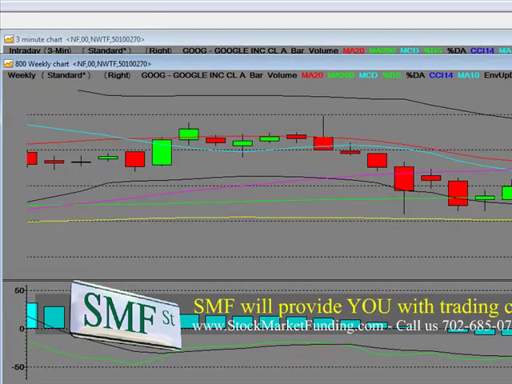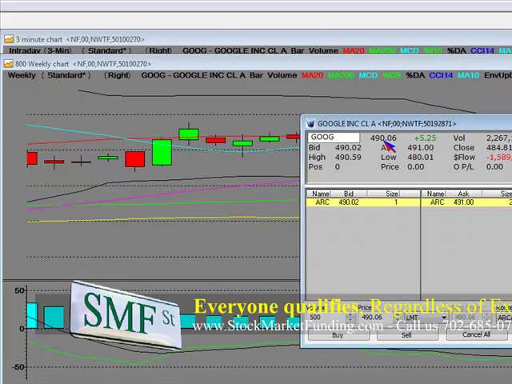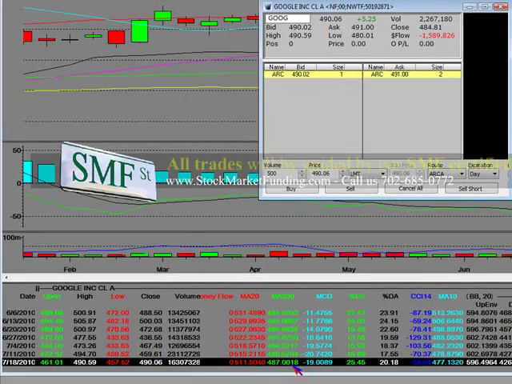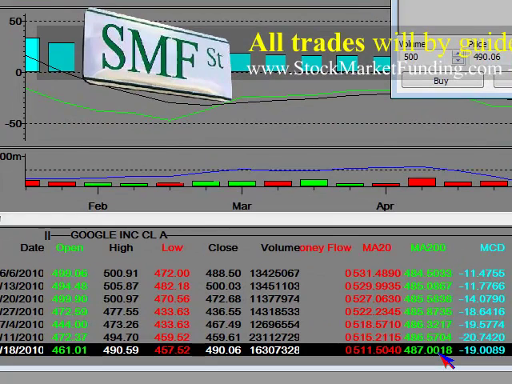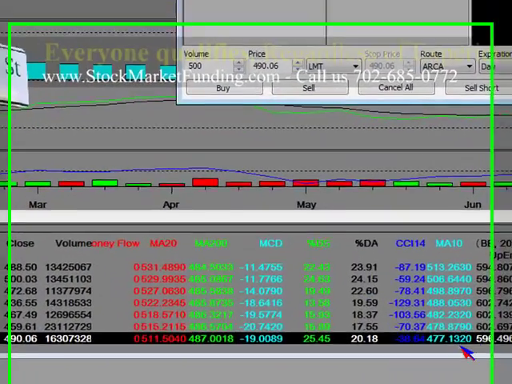That's the 200-week. Now, technically, so you know, we closed at 490.06, which just so happens to be above that 200-week moving average right now. And here's the reading, 487. You're $3 above a major 200-week moving average.